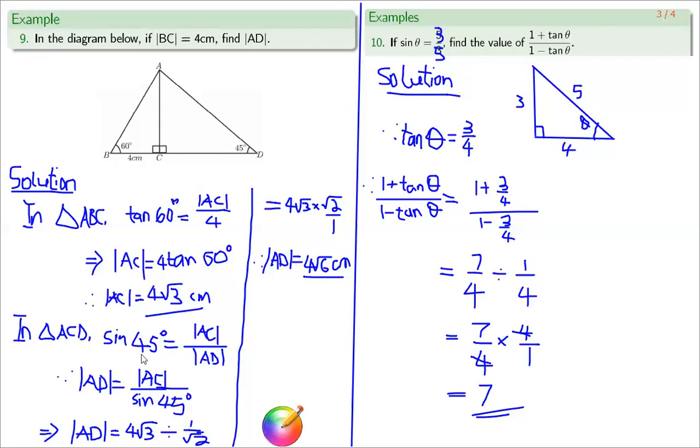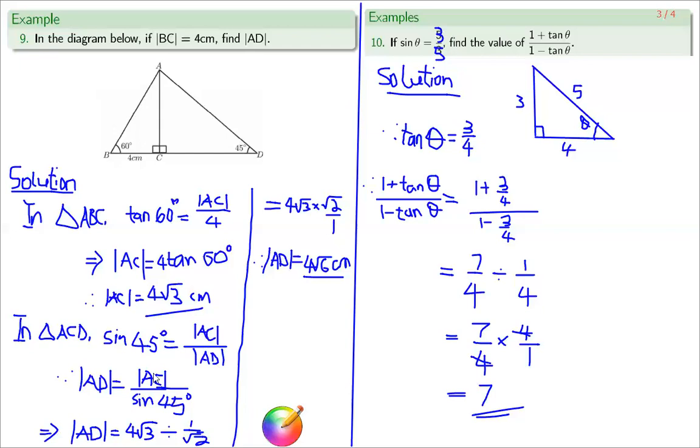Okay, so making AD the subject of the formula by cross multiplying, we have AC over sine 45 degrees, which implies that AD is equal to 4 root 3 divided by 1 over 2, because sine 45 degrees is 1 over root 2.